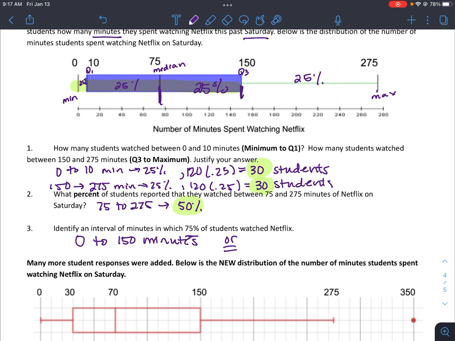Or if you had a different one, that's fine. You could start here at Q1 and go to Q3, and then that would be another 75. Or we start at Q1, which is 10 minutes, 10 to 275 minutes.